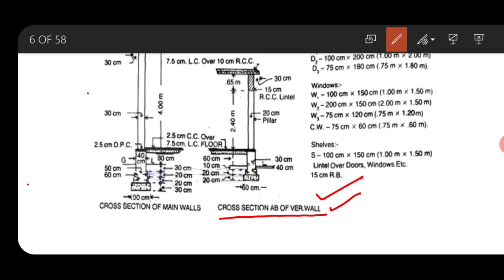So here you can see, the plinth wall is this portion. The width of the plinth wall here is 30 centimeter. Therefore, the width of the DPC will become 0.3 meter for the 20 centimeter wall.